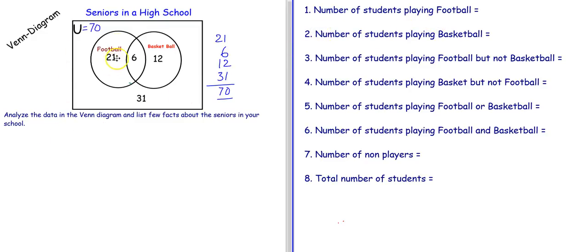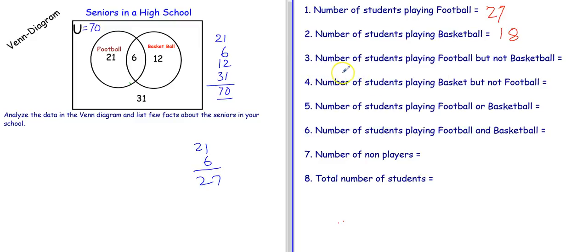I have 21 plus 6, which is equal to 27. I'll go ahead and write 27 here. 27 football players. Now, the number of students playing basketball. That is 12 plus 6, which is equal to 18.